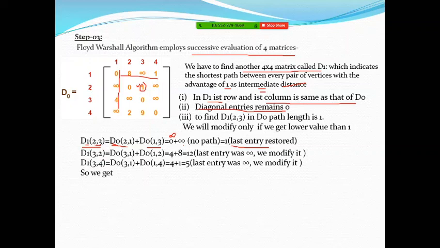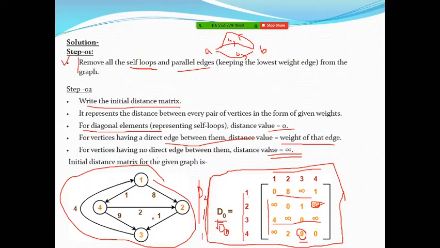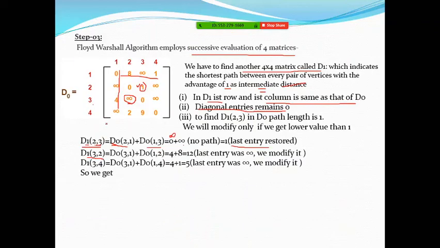Now I'm taking the next entry D132. Where is D132? So 32. In D naught this 32 was infinity, which means there was no direct edge from 3 to 2. So D132 means D naught 31 and D naught 12.